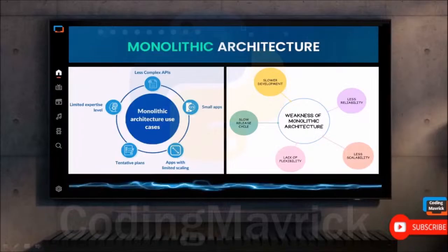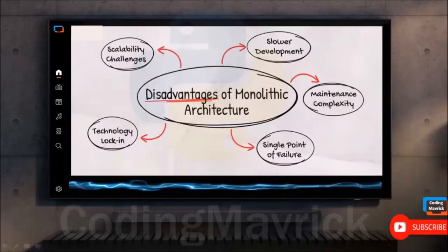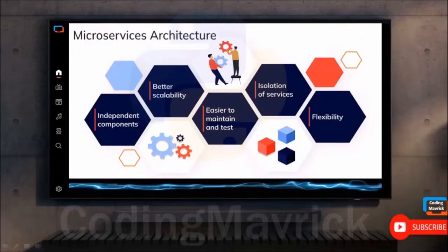Viewers, a single bug can crash the entire application, bringing everything to a halt. And scaling specific features independently is nearly impossible. This is where microservices come in, offering flexibility, fast deployment and independent scalability.